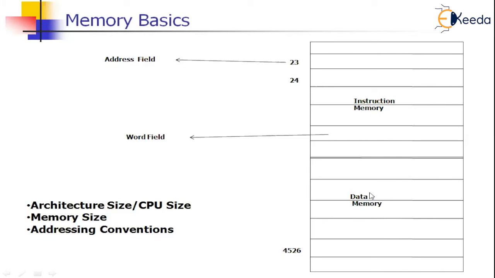Okay. And try to understand one thing. This instruction memory is contiguous and the data memory is non-contiguous. If you want to understand contiguity and non-contiguity, let us say the instruction. What is the nature of instructions? The nature of instructions is one by one.